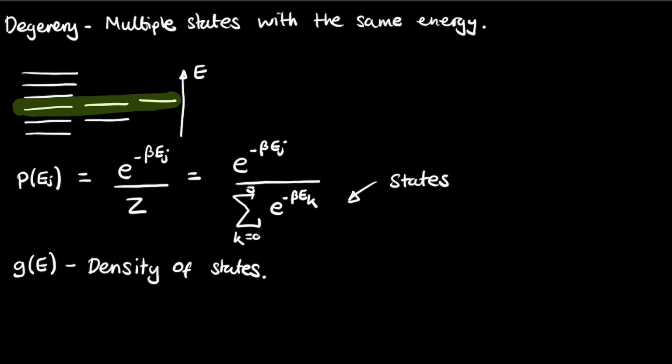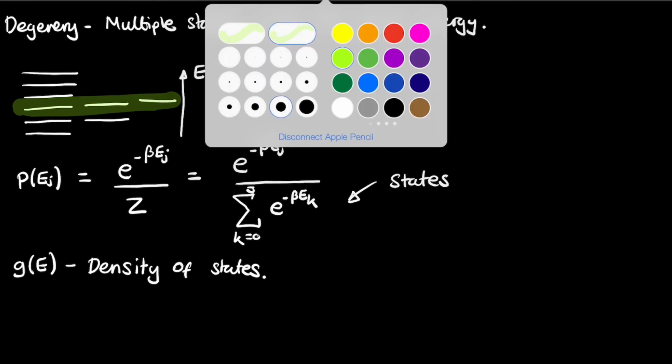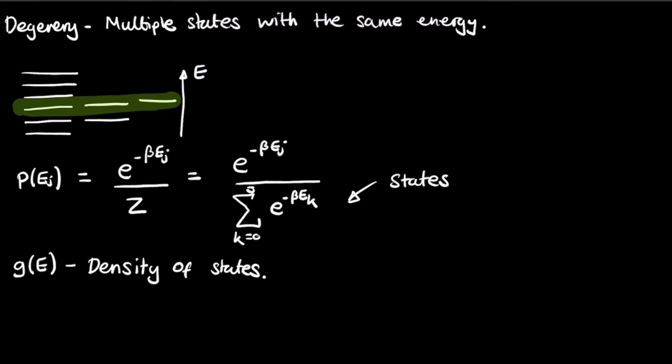Similarly, when you're counting this level, you need to multiply it by 2. For the moment, the density of states is not going to have any sort of units. It's just going to be a number in our simple system. Normally the density of states is actually a function of the energy itself, and it normally does have units, and we'll get into that a little bit later on.